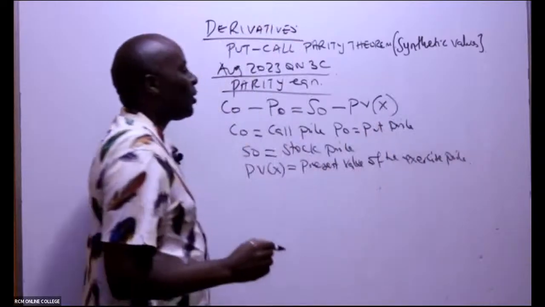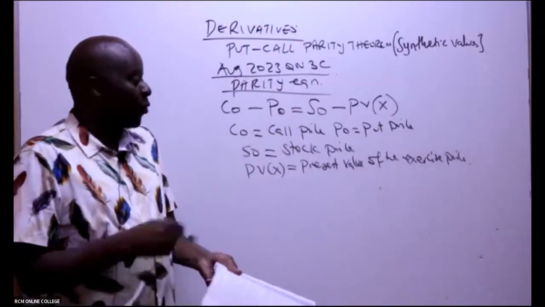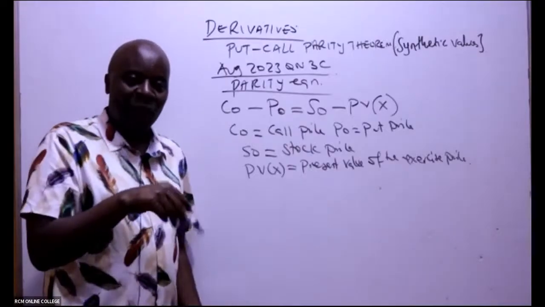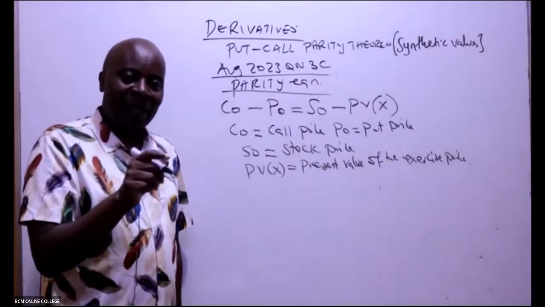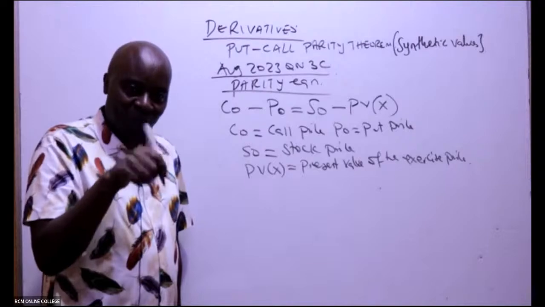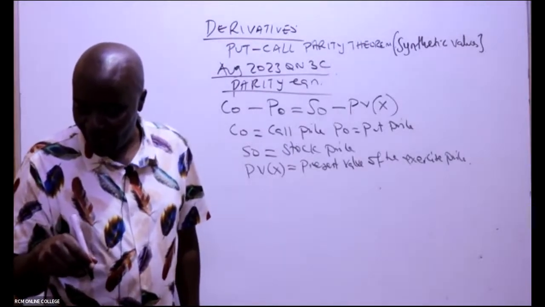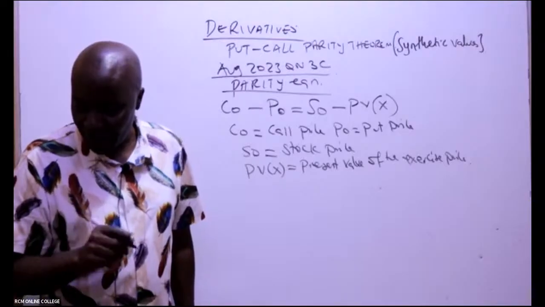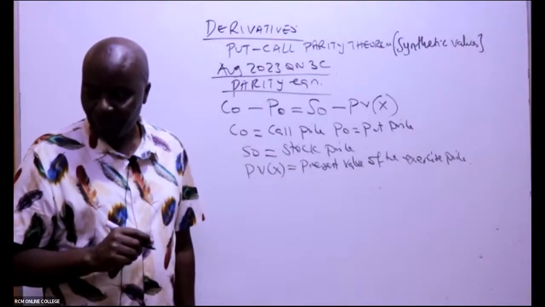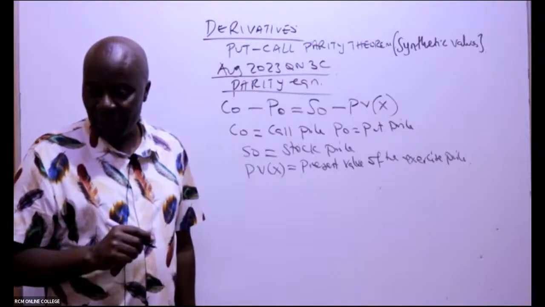Please let me know once you're able to write up to here. And of course, O means today: when I say call price, it means today's price. I can see they want us to move pretty fast, but have they finished writing up to here?